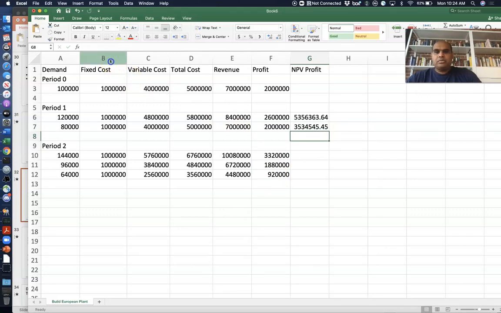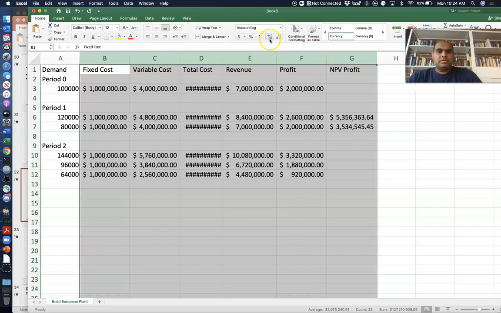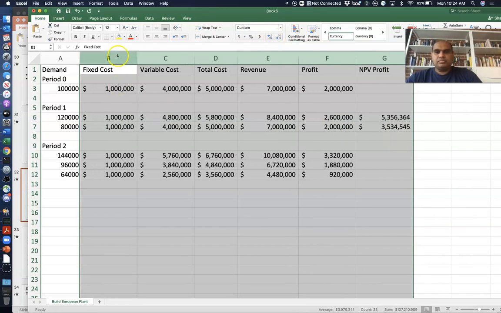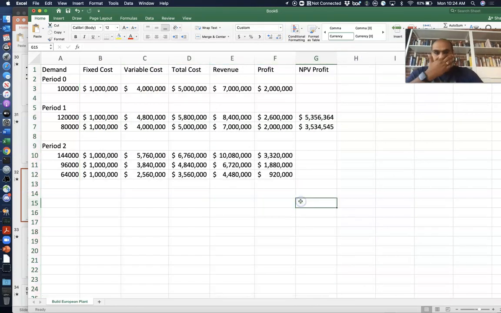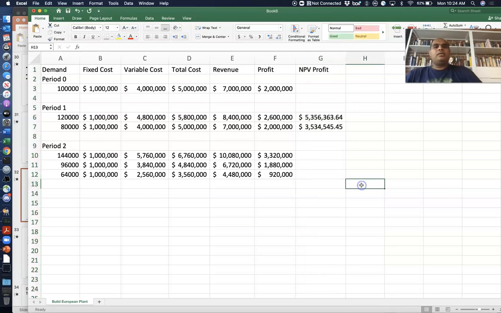So all of this is dollars. I don't want the decimals. Except here, I guess. Okay. Right, now net present value of profit here.